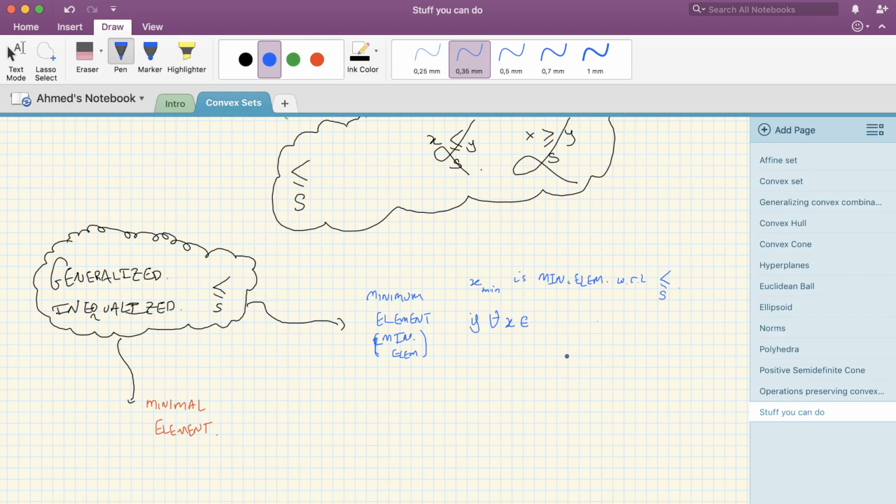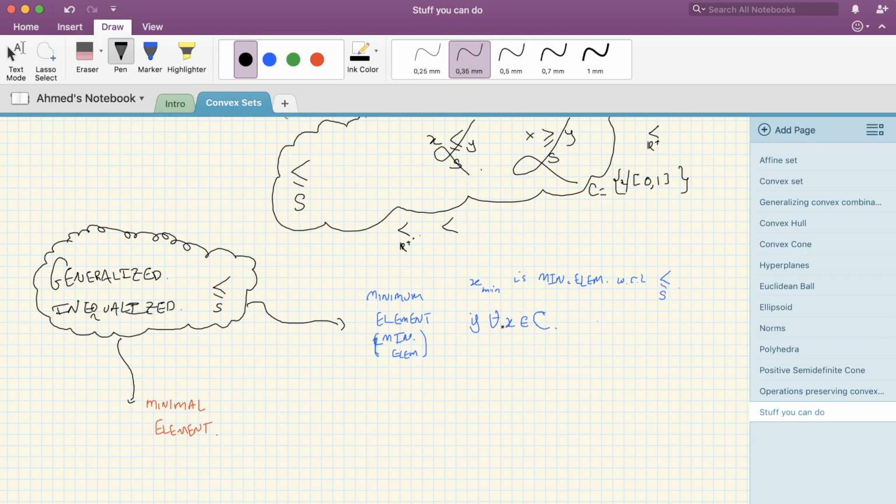So let me denote another set, which is C. You can think about C as a certain given set, and you would like to find the minimum element of this set with respect to a proper cone. You need to make the distinction between S and C, okay? So going back to the minimum element with respect to an inequality, how do you define it?